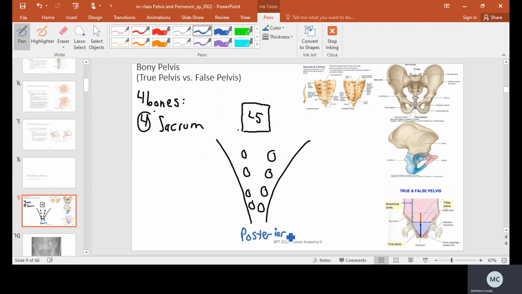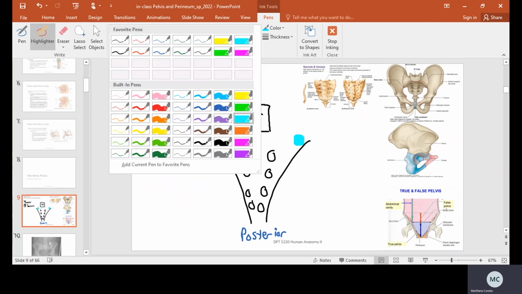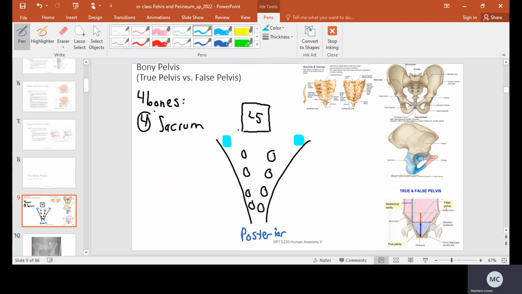But what I'm going to see here are a couple key landmarks. What I'm drawing in blue here is going to be my posterior superior iliac spine, which is actually going to be part of the ilium.